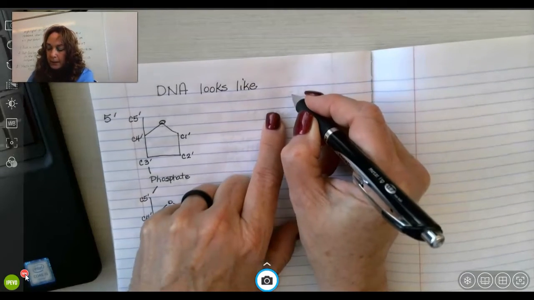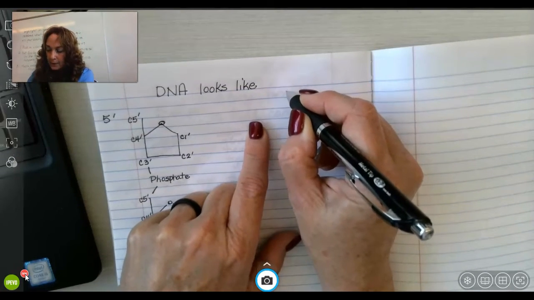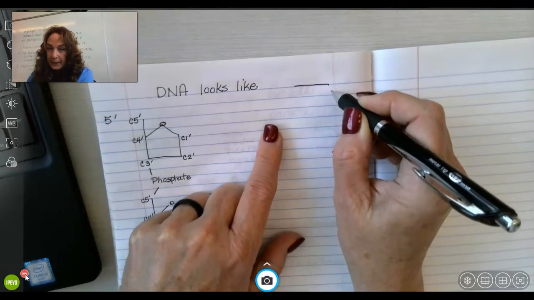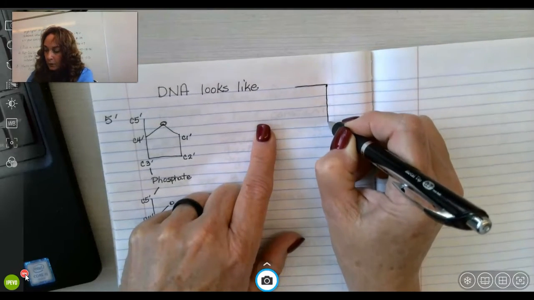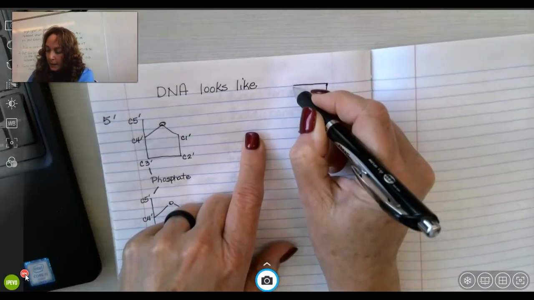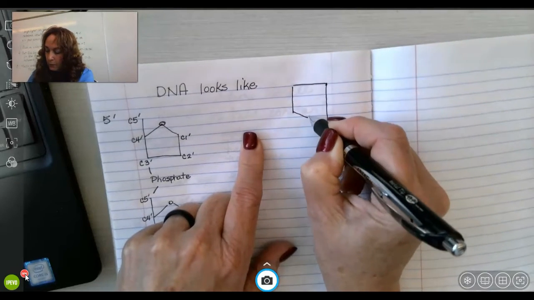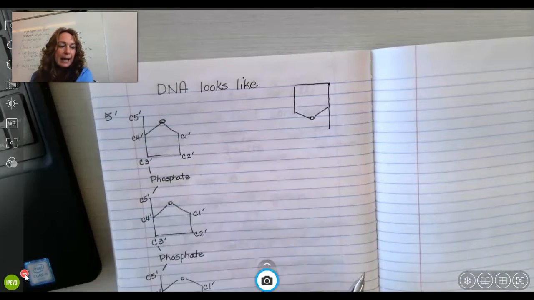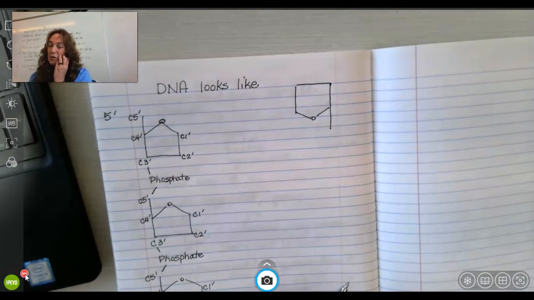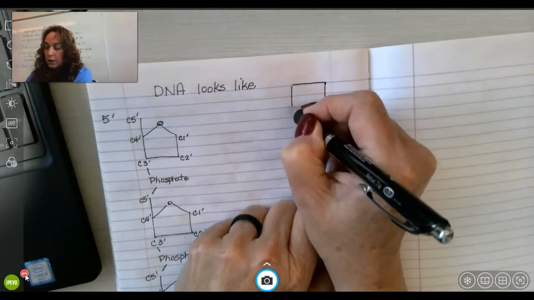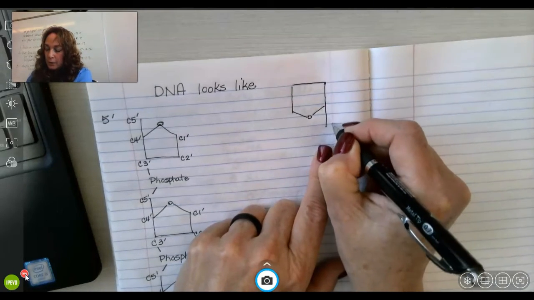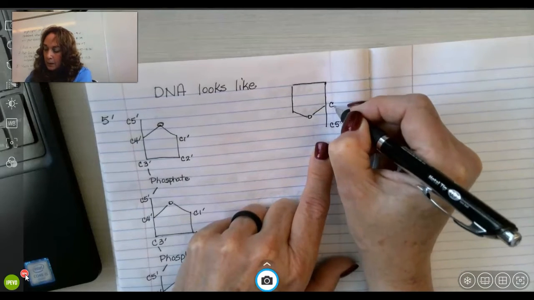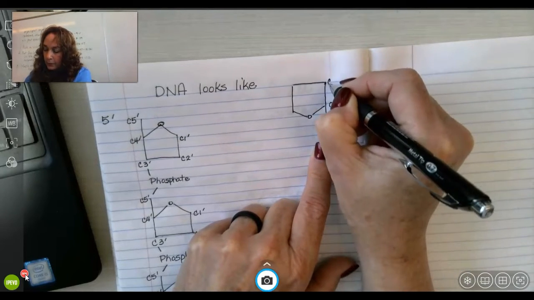So I'm going to go up here and draw the same thing with my house, except upside down, right? So there's my chimney, and I'm going to have that same oxygen there. And then, just because it's easier for my brain, I'm going to number them in reverse order, starting with this chimney and just walking around.